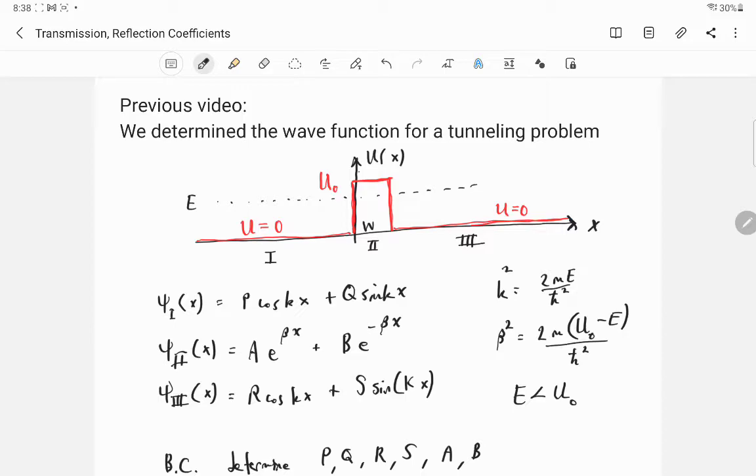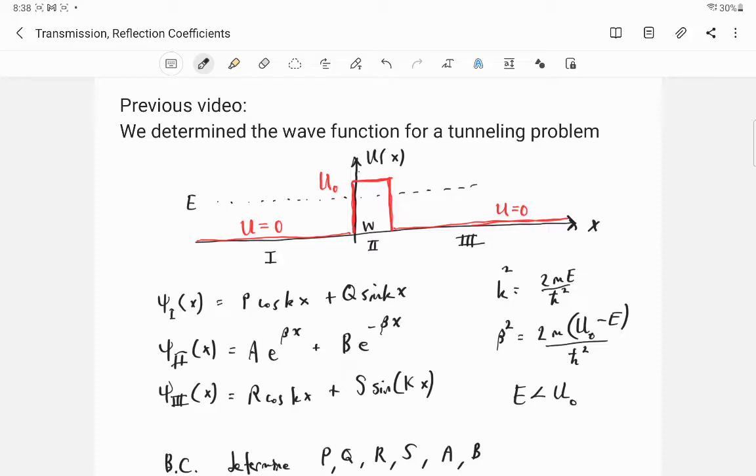And tunneling is the situation of considering a particle whose energy is smaller than the barrier height. So classically, this particle that doesn't have enough energy to cross the barrier bounces back from the barrier. It's pure reflection classically.